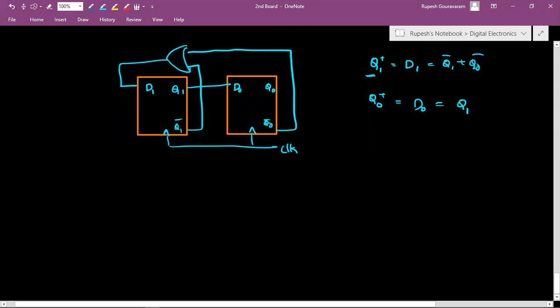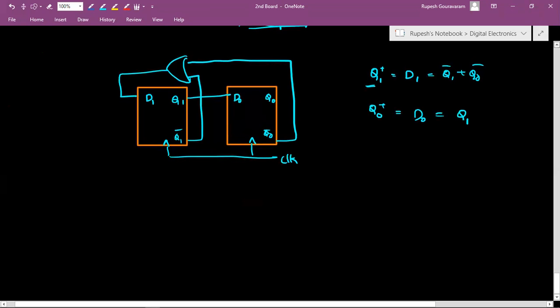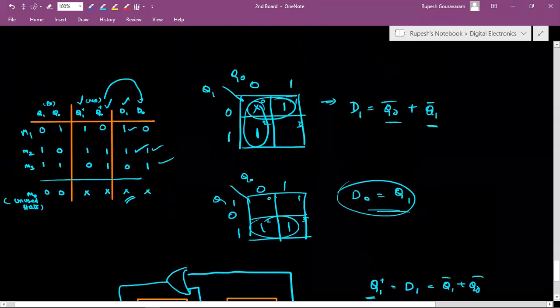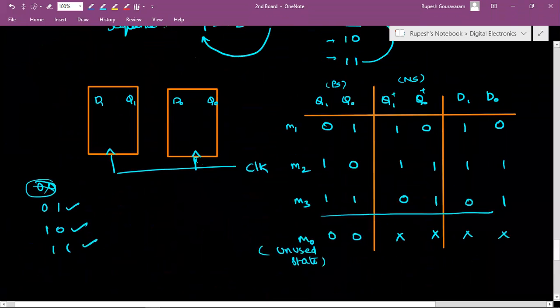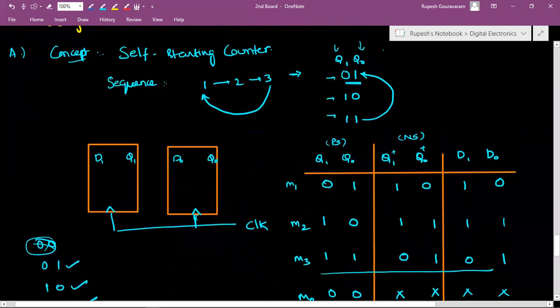So self-starting means what? Here they have missed one state, that is 0 0. If you see the sequence of this circuit, it goes from 1 2 3 and again to 1. That means it is not going to 0. If somehow due to an internal fault of the circuit it goes to 0, what happens?